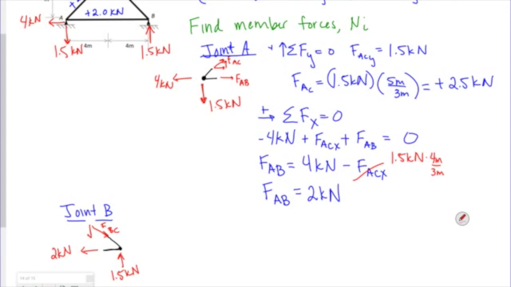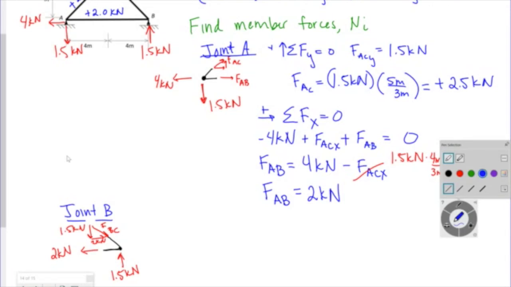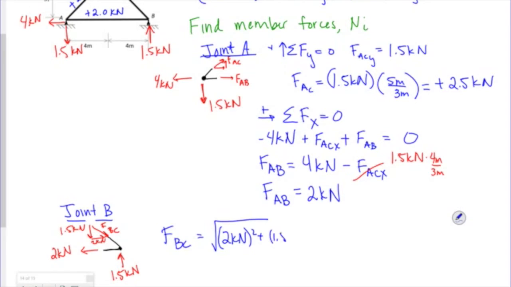Because I have the vertical equal to 1.5 and the horizontal equal to 2. So FBC is equal to the square root of 2 kilonewtons squared plus 1.5 kilonewtons squared, which is 2.5.